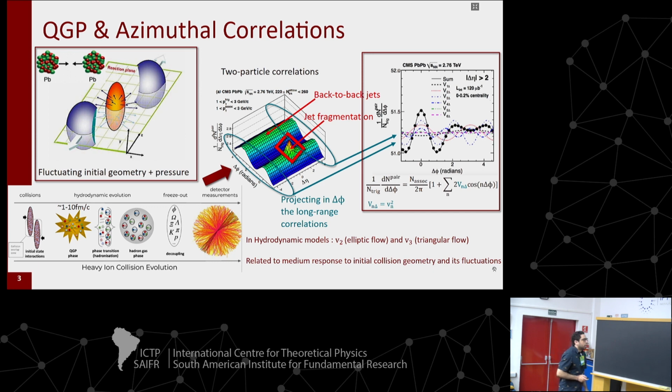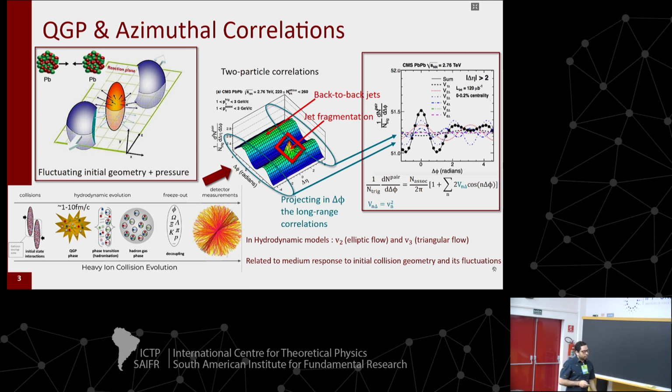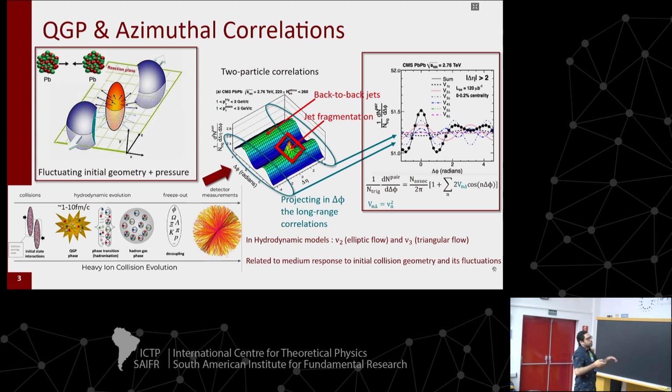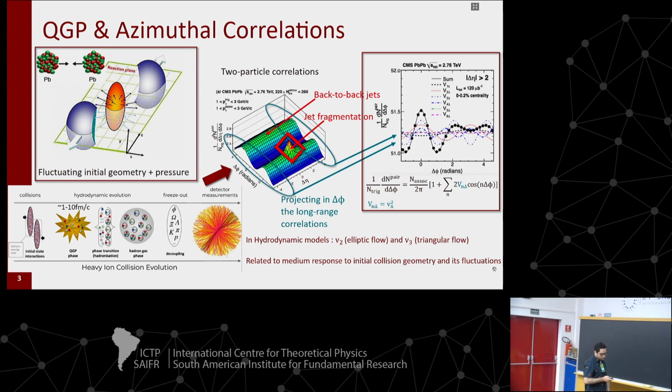We usually call the second coefficient the elliptic flow, and the third one the triangular flow. The elliptic flow is mostly connected with the almond shape of the collision. It also depends on the fluctuations of the nucleons, but V3 is mostly related to the fluctuations. But we can also have several higher orders of VNs here.